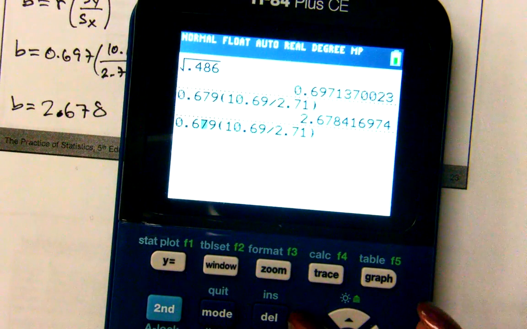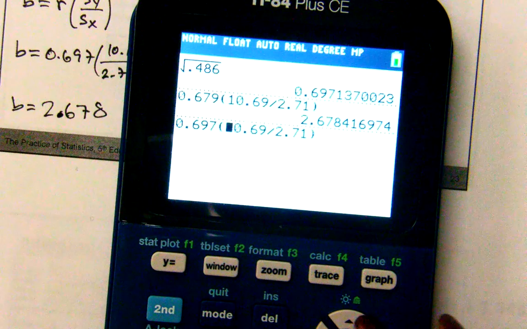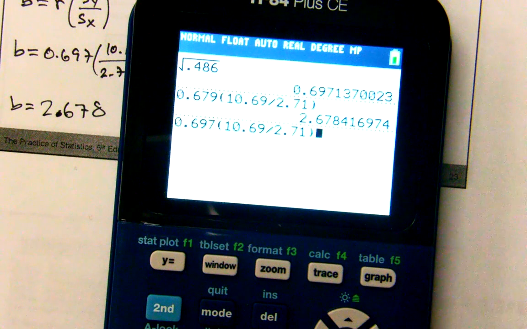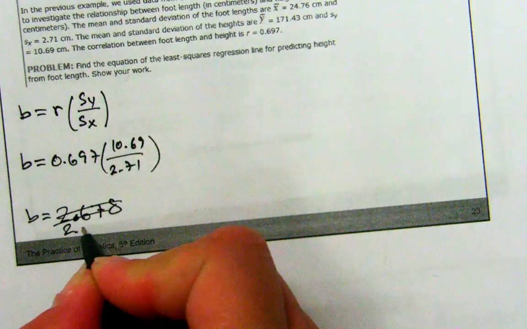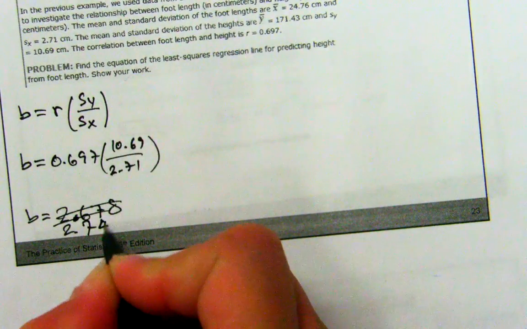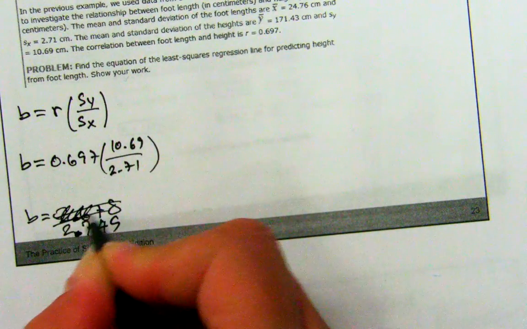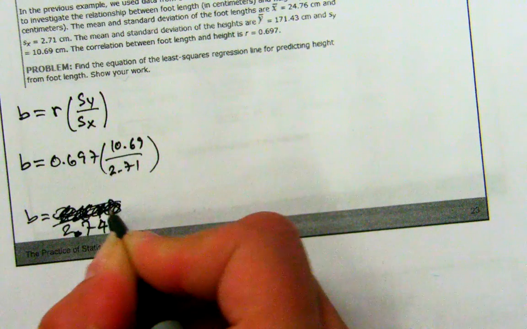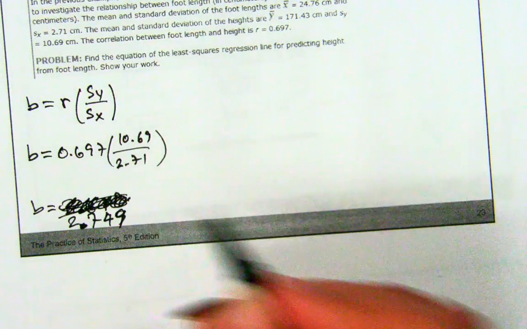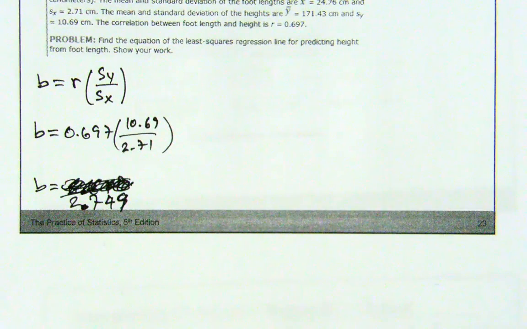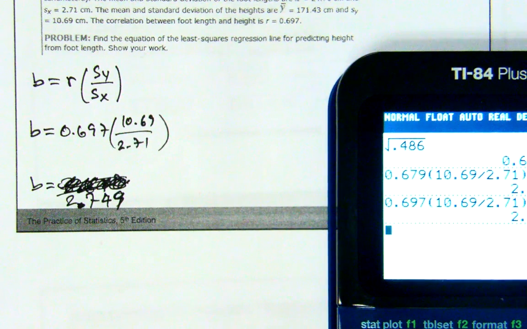This is supposed to be 0.697. We're supposed to get the same thing. Yay! Okay, good. So 2.749. Okay, that makes more sense. We're not supposed to be off that much, maybe off by like 0.001 or something. Sorry, I accidentally transposed the numbers.